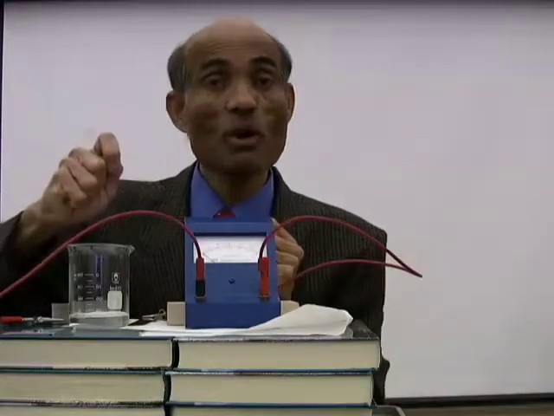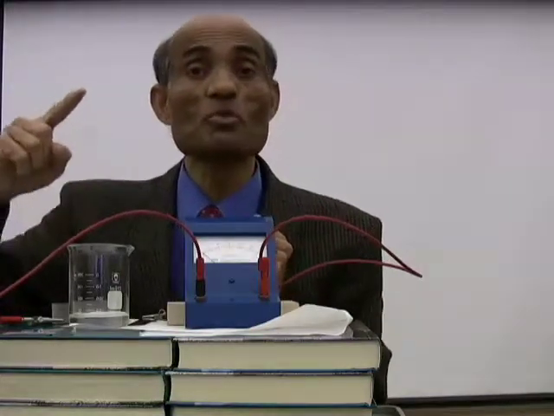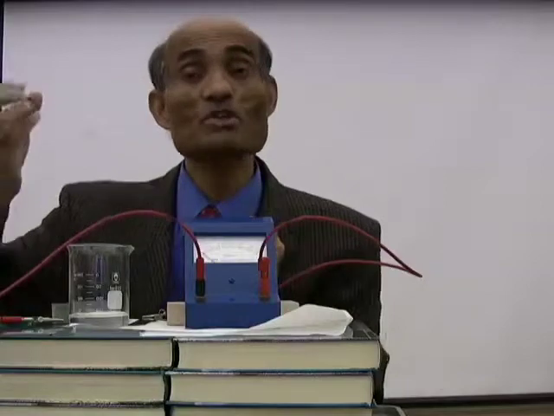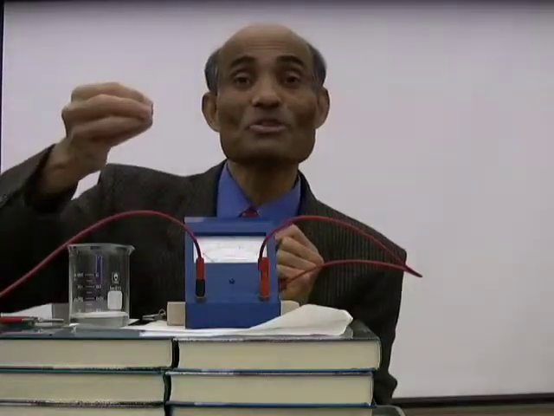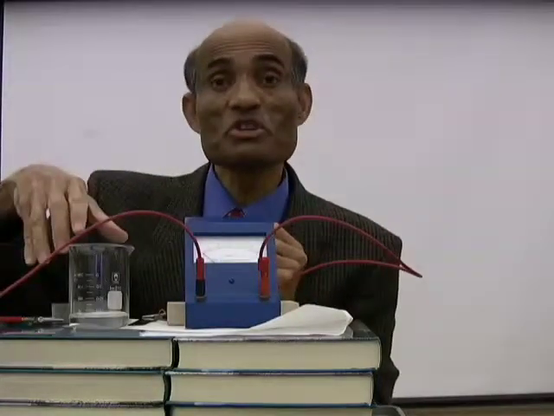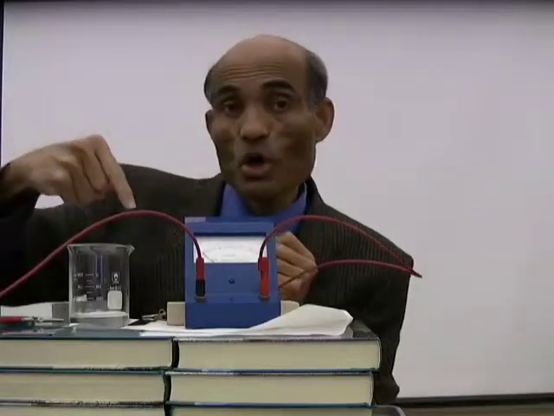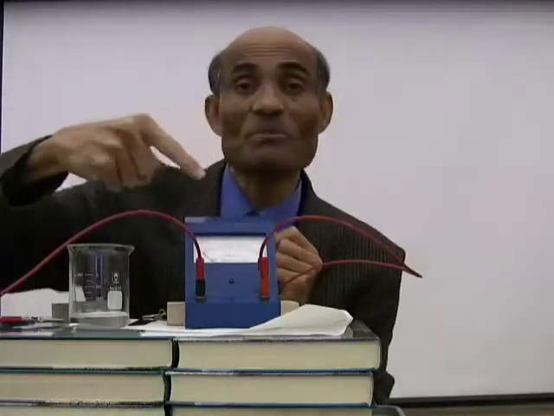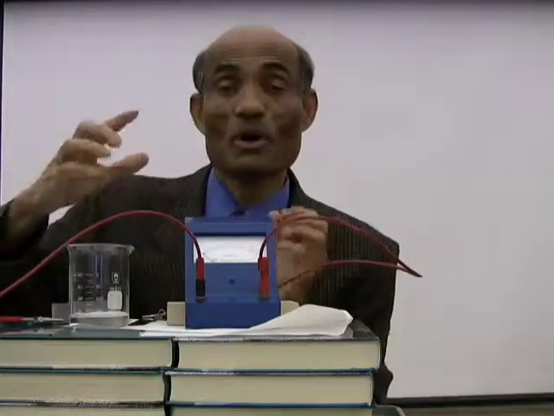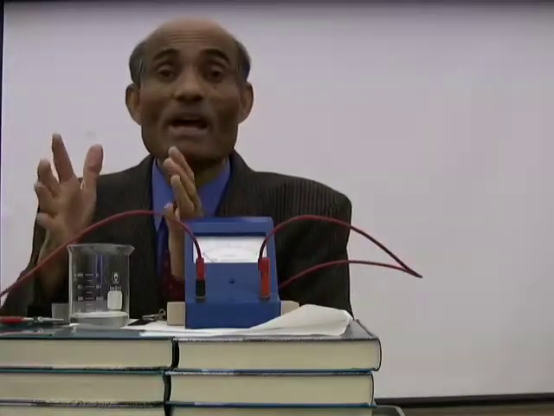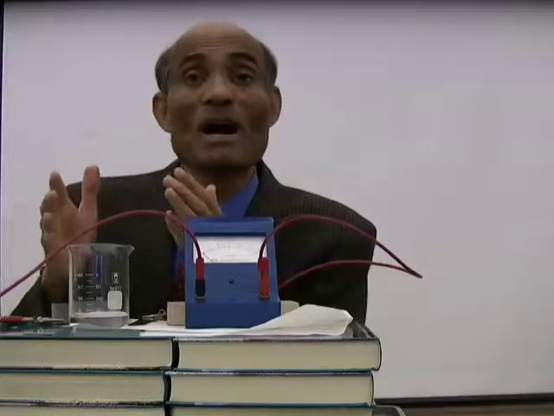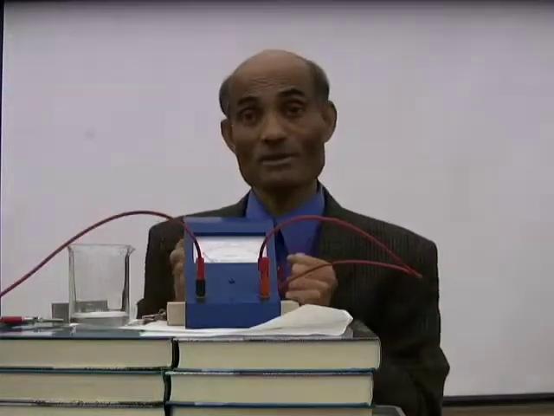You see, 1 volt means 1 joule per coulomb. Volt is work done per unit charge. This will make available 1 joule of energy per coulomb of charge that moves. So here we have now a system that will drive an electric current.